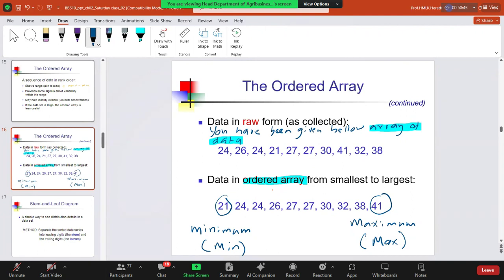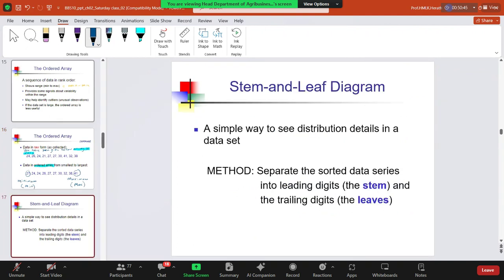The next thing that we will be talking about is the stem and leaf diagram. This is a simple way to see the distribution details of a data.